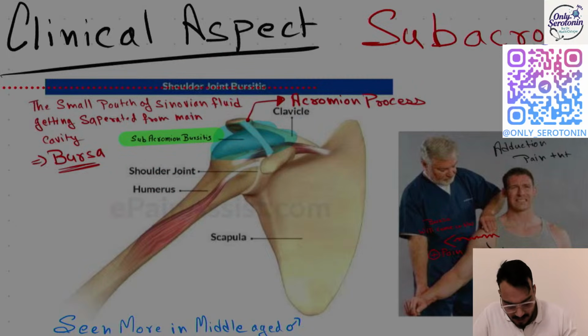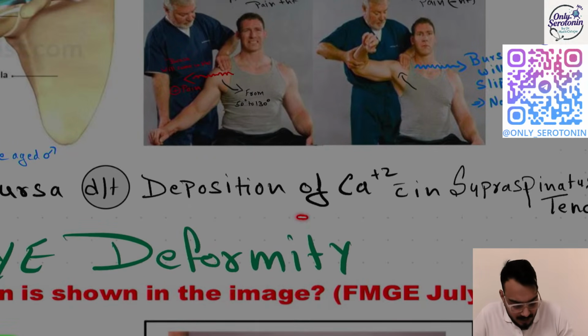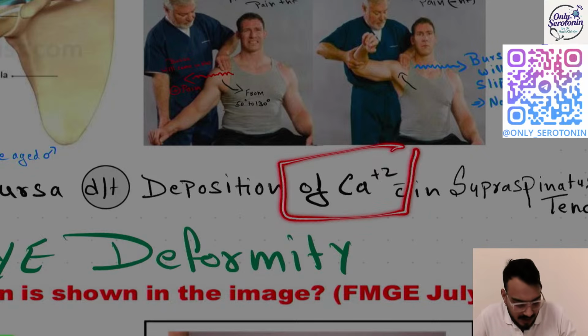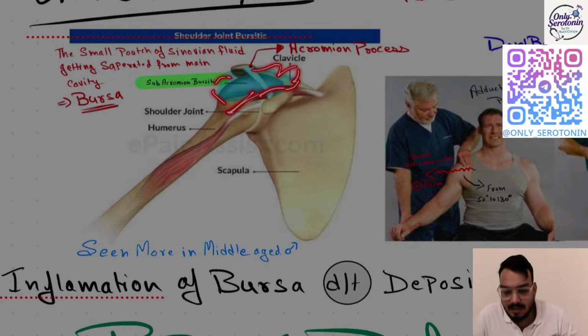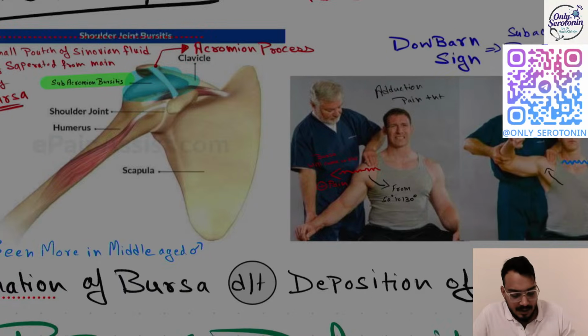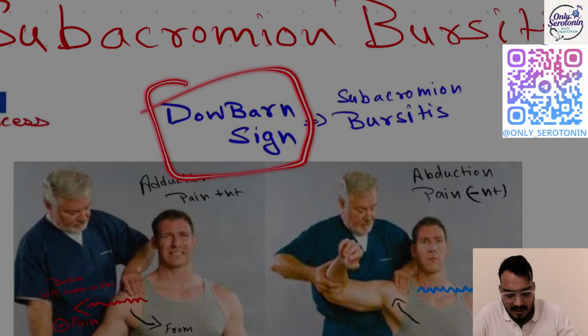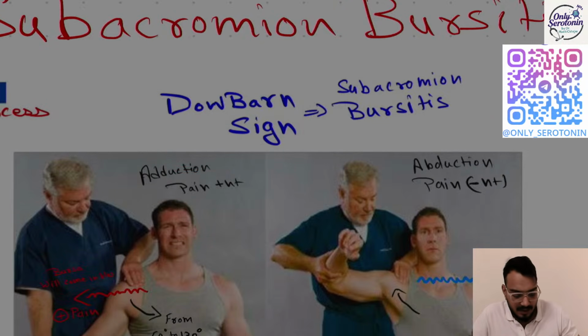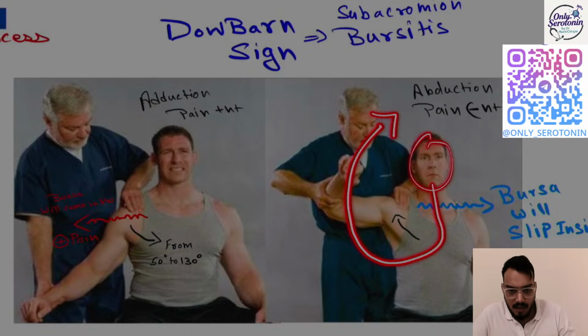Why can this inflammation happen? This inflammation of the bursa is due to the deposition of calcium within the supraspinatus. It is the deposition of calcium in the tendons which are present around this bursa. Understood, guys? In this subacromial bursitis, we are going to see one sign. That sign is what, guys? That sign is Dawbarn's sign. In Dawbarn's sign, the patient will put his hand up.